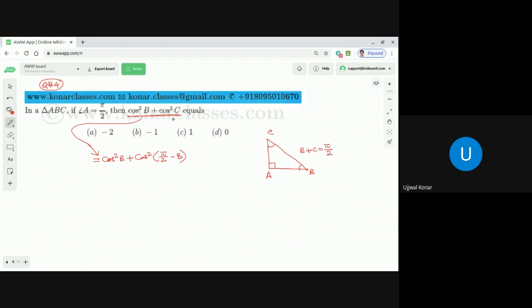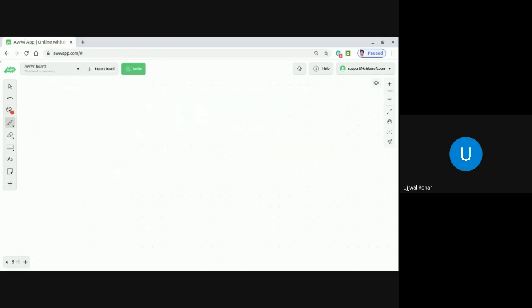So that means C we can write as pi by 2 minus B. And we know cos square of pi by 2 minus B is equal to sin square B. And cos square B plus sin square B is equal to 1 irrespective of whatever the value of B is. And we get the correct option as C. Clear, dear students? Okay.